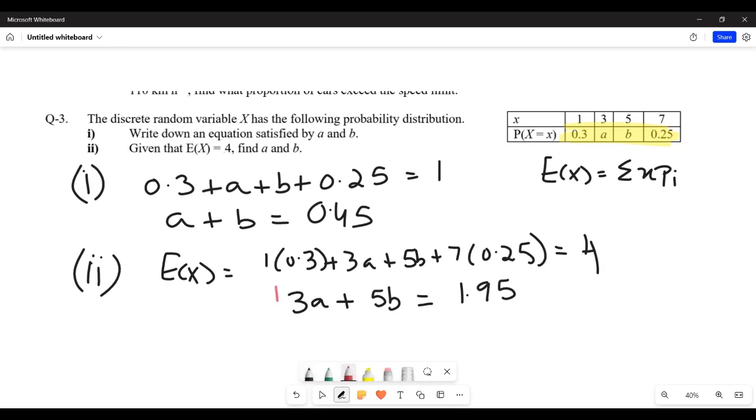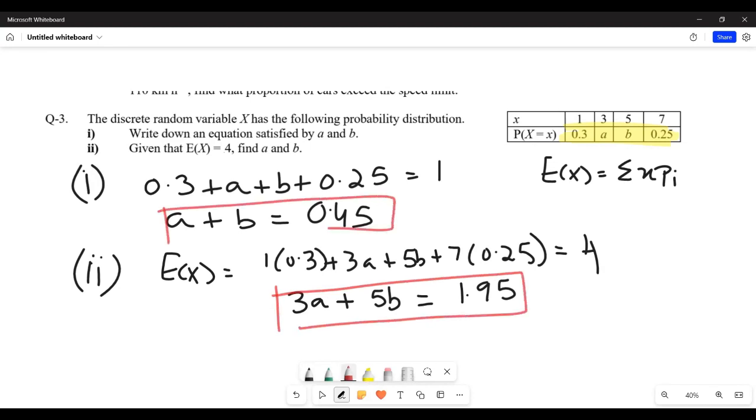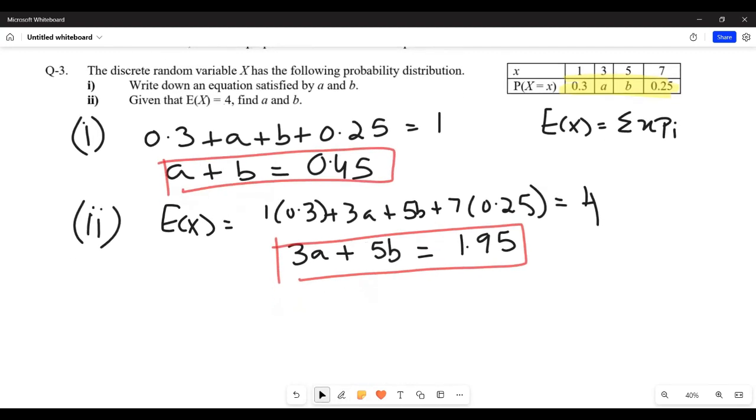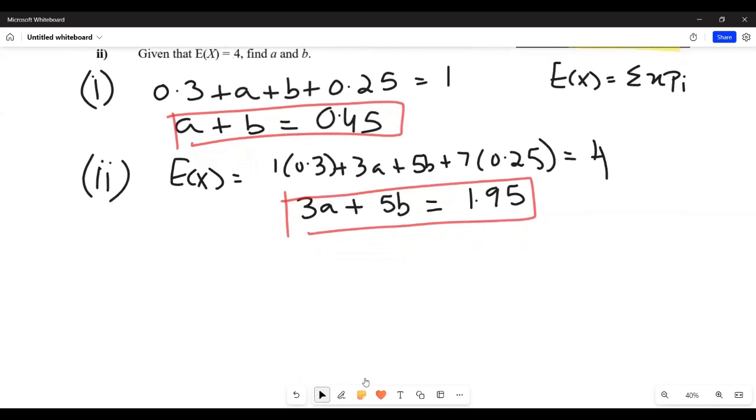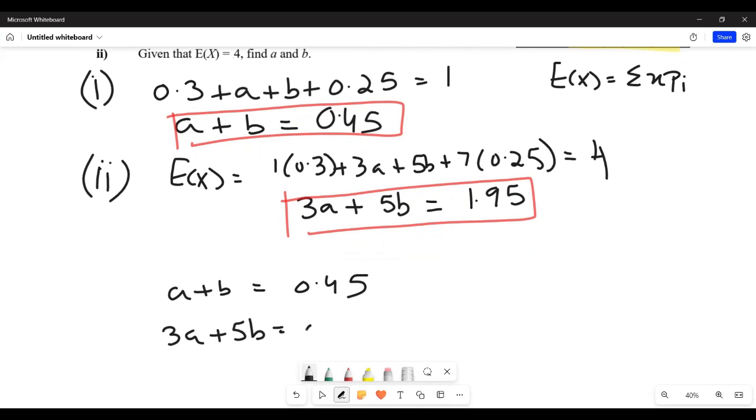So now you have two simultaneous equations. This plus the one we got in part 1. Solve these two using elimination or substitution method and get the values of A and B. So A plus B is 0.45 and 3A plus 5B is 1.95.